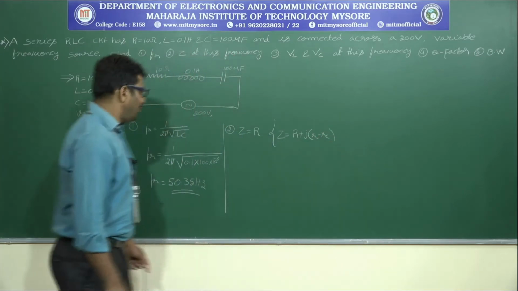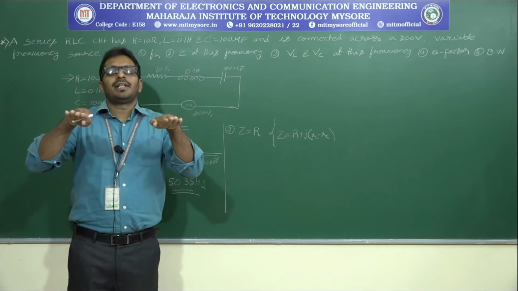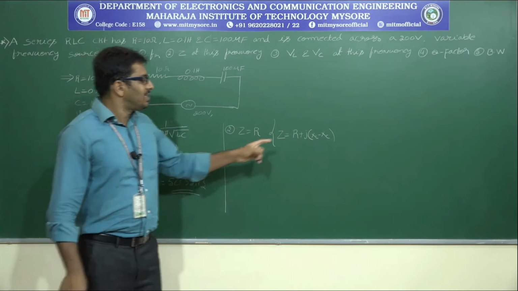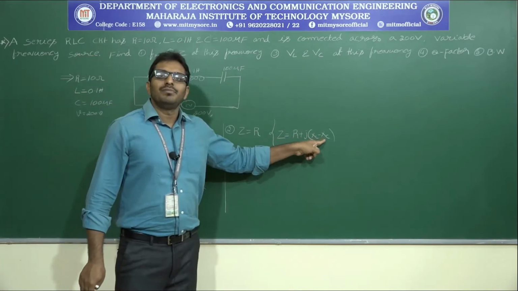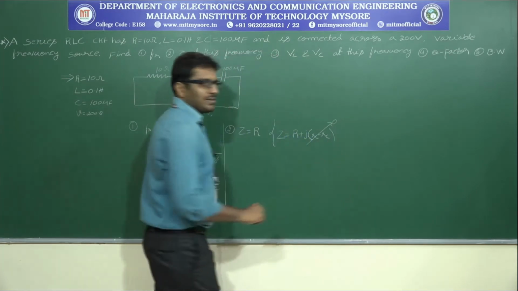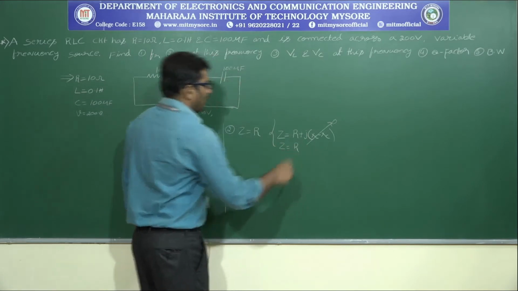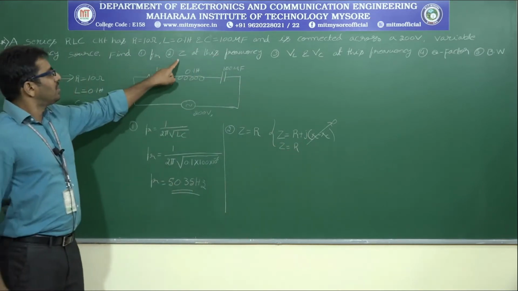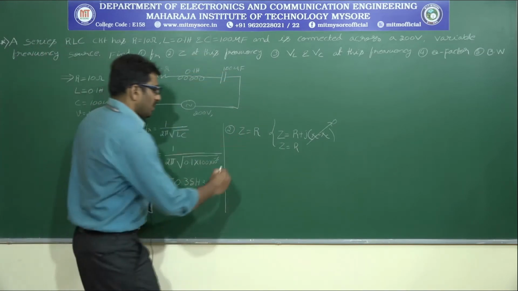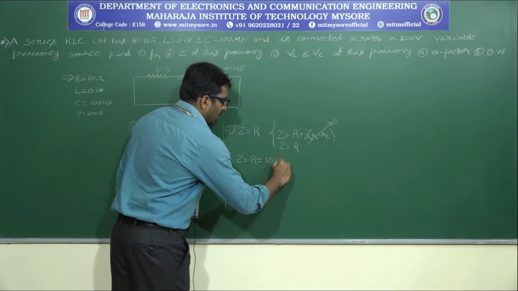At resonant frequency, XL is equal to XC, inductive reactance equals capacitive reactance, so XL minus XC becomes 0. The reactive part becomes 0, then Z is equal to R. Therefore, Z is equal to R, that is 10 ohm.